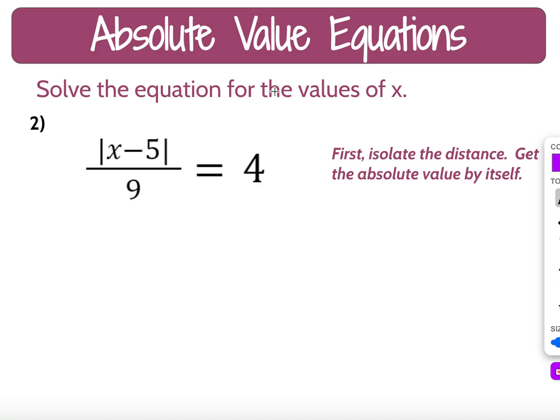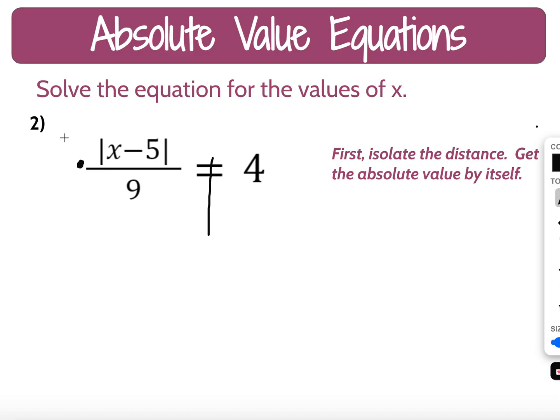So this one you'll see that that absolute value is being divided by 9. That happens often in these equations, so you're going to want to first isolate the distance and get it all by itself. So I'm going to begin by quickly getting the absolute value by itself.